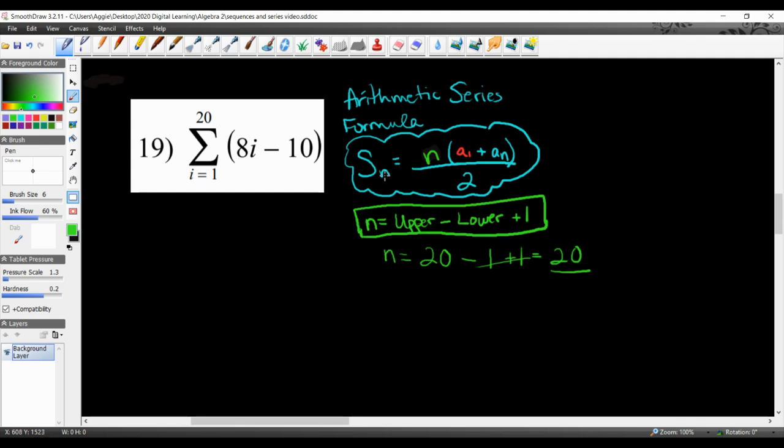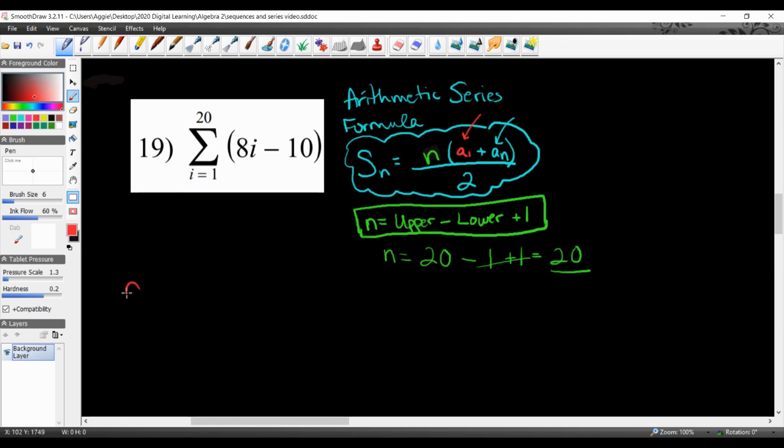Then the formula asks us to find a sub 1 and a sub n, and then to divide it by 2. So these are the ones that we do have to calculate. Before, with the sequences, we already kind of knew what they were just by looking at the pattern or finding it using the formula. Now we're going to plug in our first term, which gives us the answer for a sub 1.